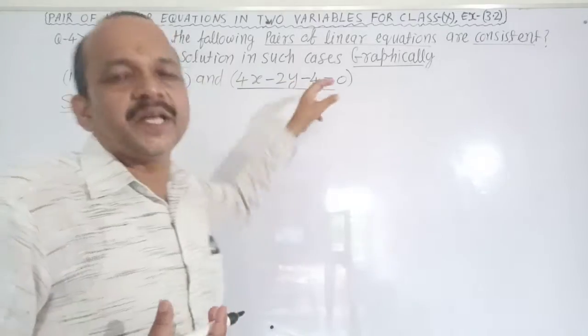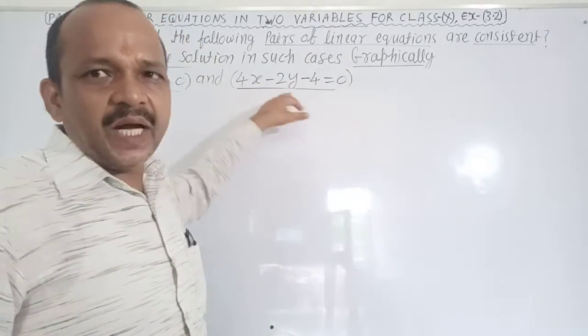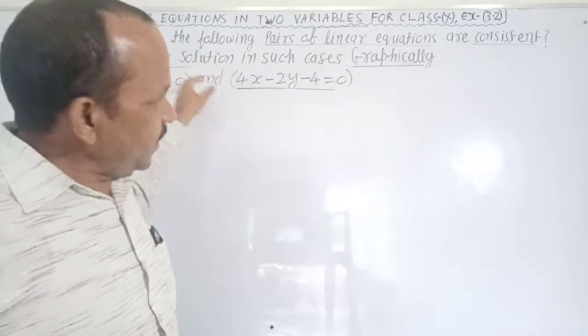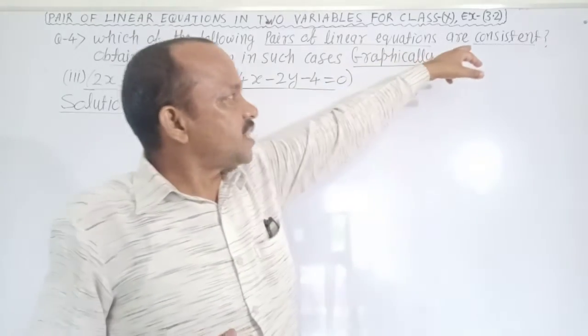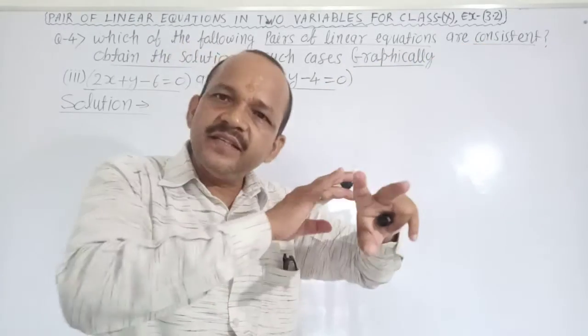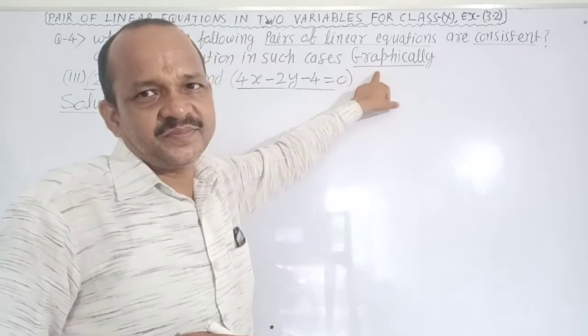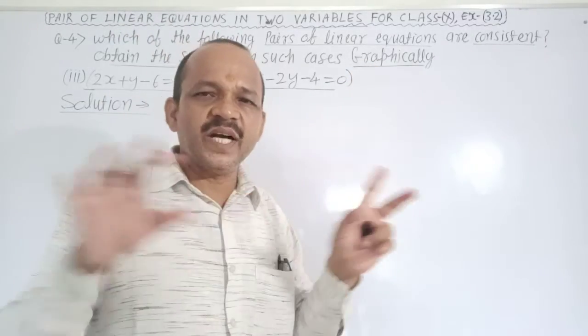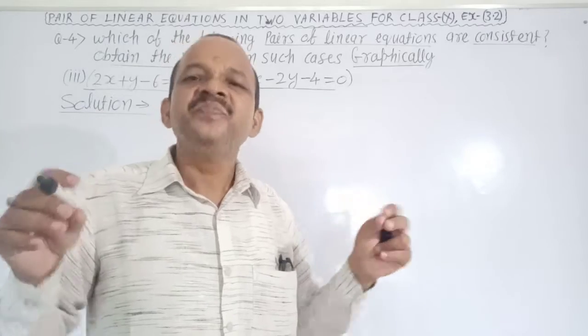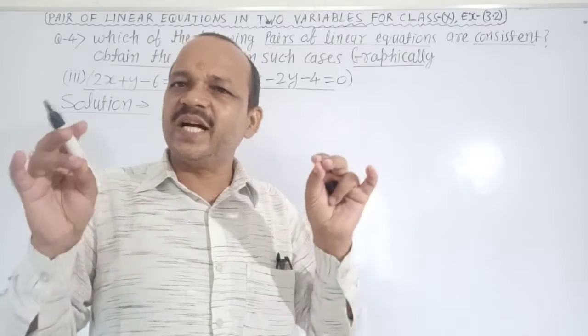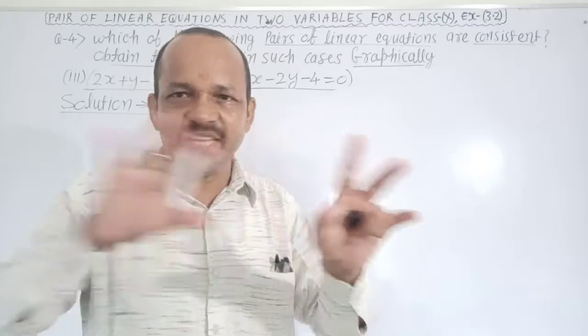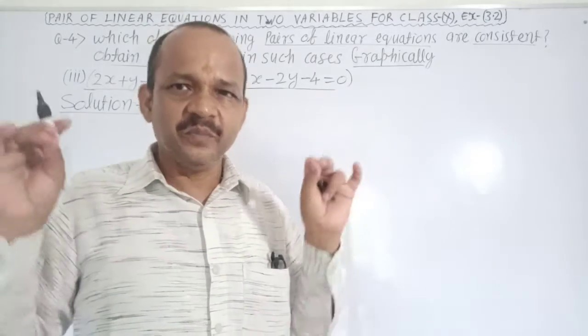It is the given equation. You decide whether the given equations show a consistent system or not by graphing. It is clear, no confusion about it. Very good. It is very easy, you can solve very easily.